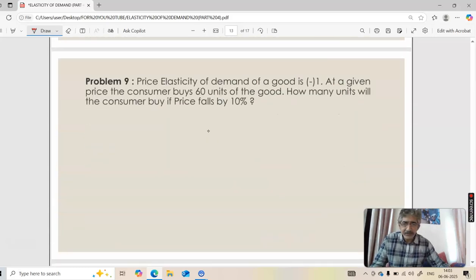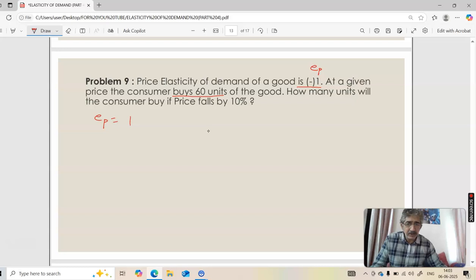Problem number 9. Price elasticity of demand of a good is -1. EP is given to be -1. I'm just writing 1. At a given price, the consumer buys 60 units of the good.